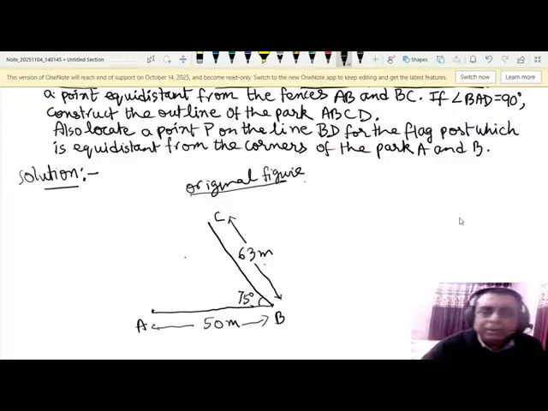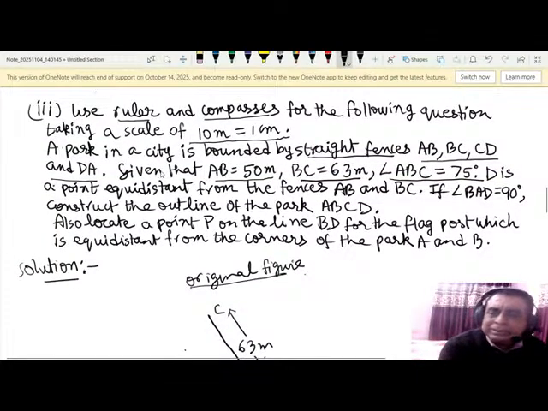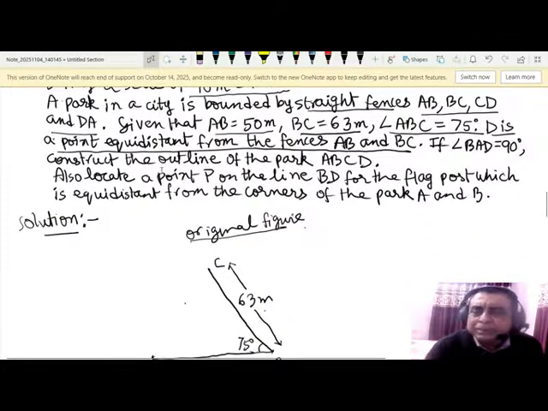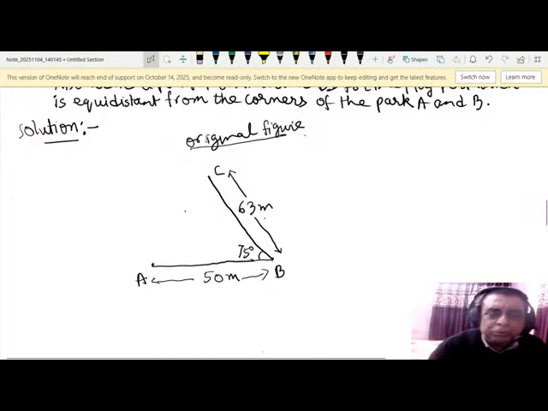Next, what is told to us? D is a point equidistant from the lines AB and BC. D is one point, and angle BAD is 90 degrees.